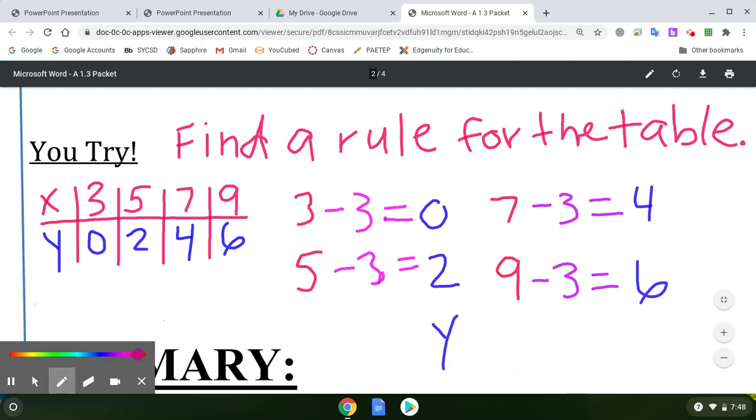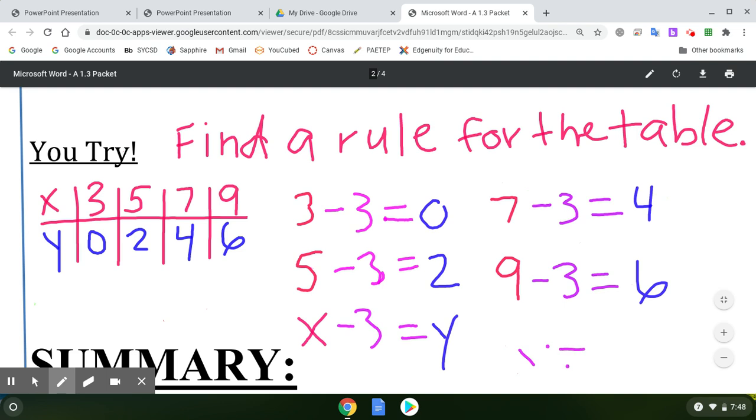Everything in the lighter red represents x. And then everything in the pinkish purple just tells us what operation to use that creates our rule itself. So x minus 3 equals y. And that would be the rule for this table. We could also write this as y equals x minus 3, and that would mean the exact same thing.